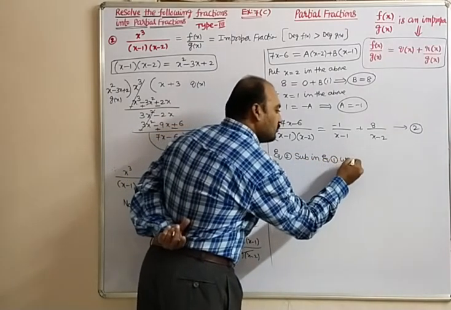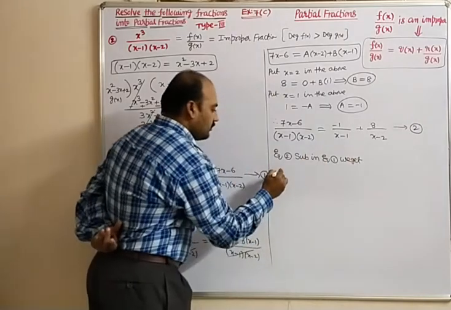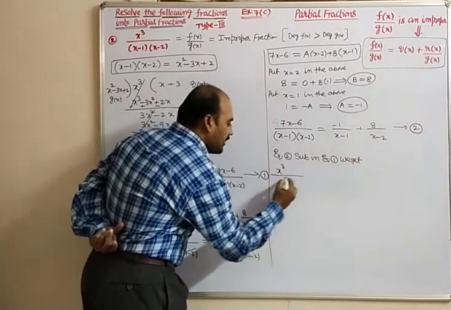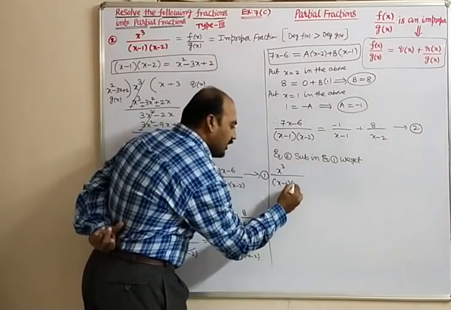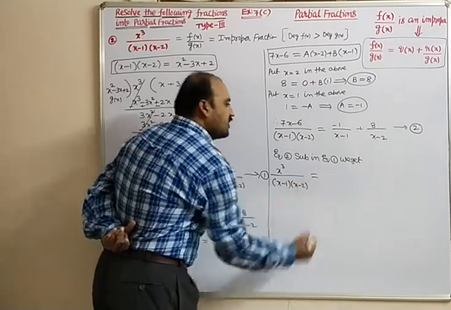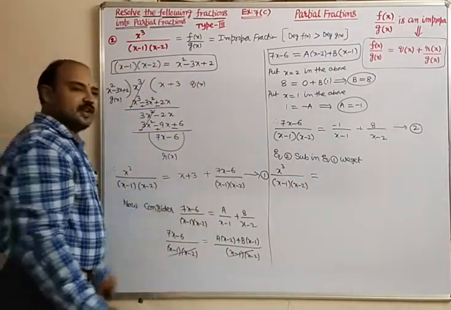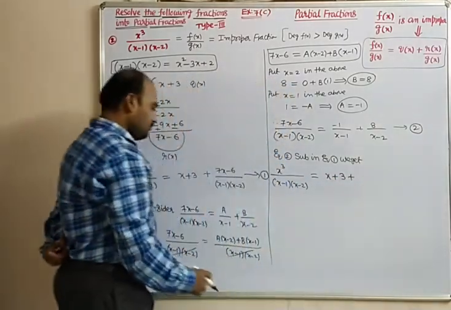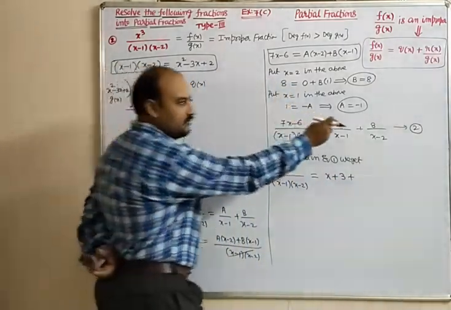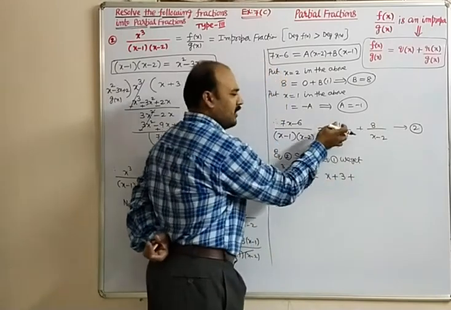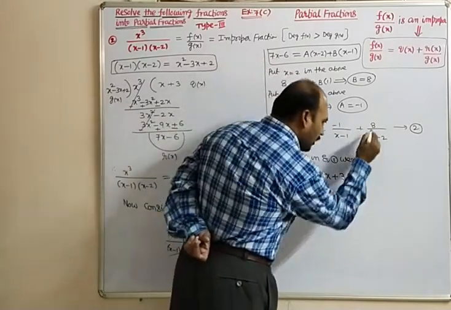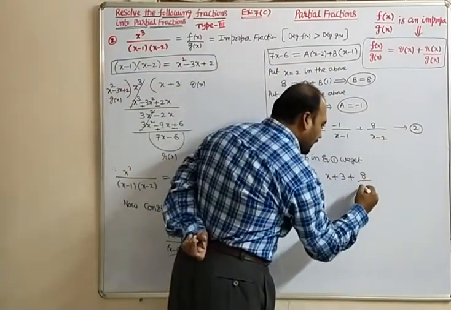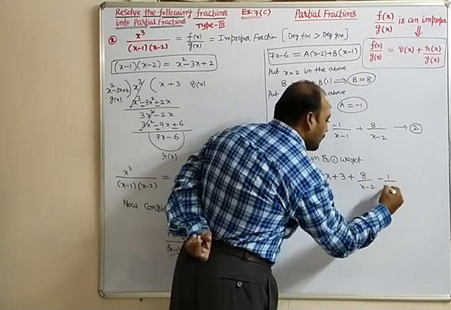We get x cube divided by (x minus 1)(x minus 2) is equal to x plus 3 plus, first positive value we will write, 8 by x minus 2 minus 1 by x minus 1.